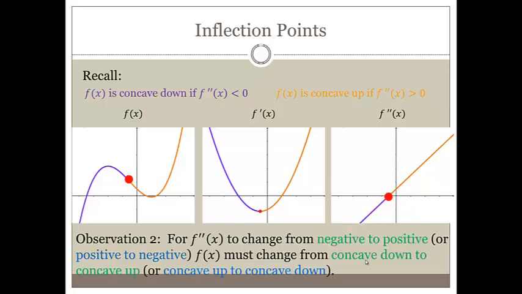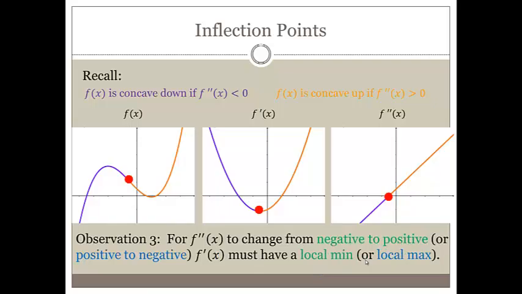What effect does this have on the graph of f of x? Notice that as the second derivative changes from negative to positive, the original graph f of x changes from concave down to concave up. In other words, whenever the second derivative changes sign, the original function changes concavity. The last observation I want to make is what role does this point play in the graph of f prime of x?